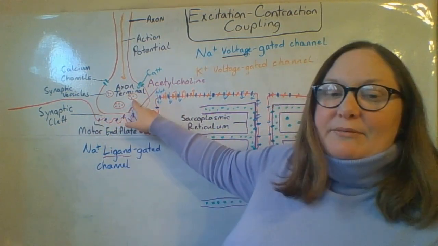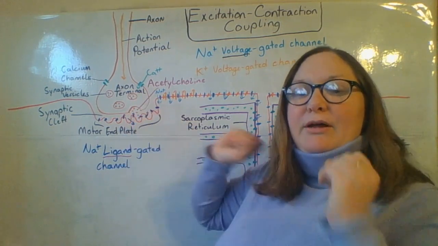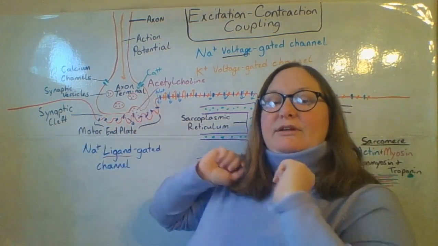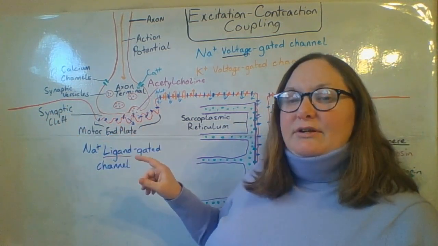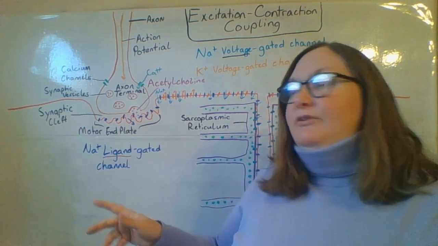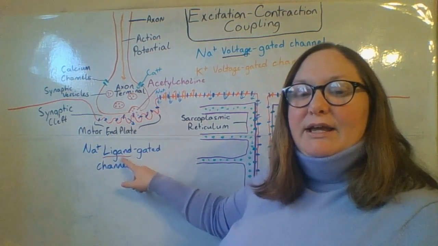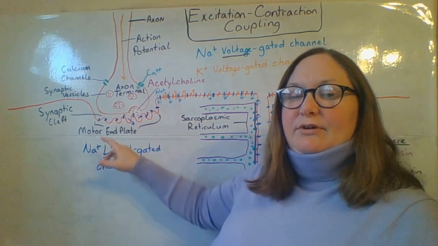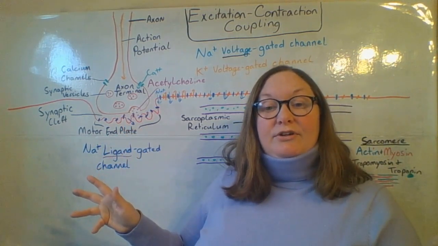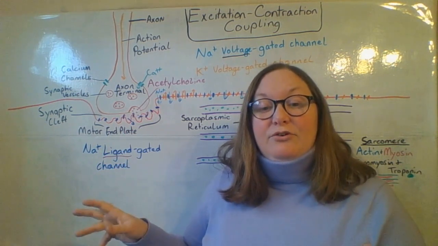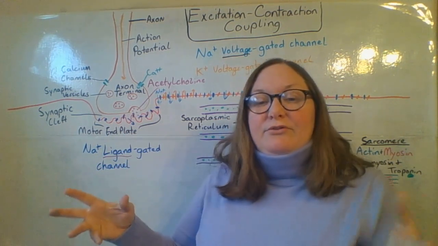That tells the synaptic vesicles to fuse with the membrane and release their contents into the synaptic cleft. They diffuse across the synaptic cleft and bind to sodium ligand-gated channels on the motor end plate.